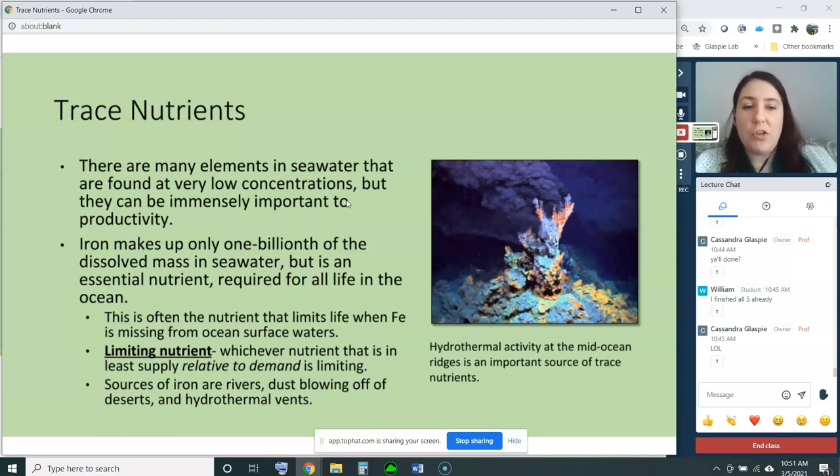In addition to the major nutrients, there are also many elements that are not found very often. They're actually found in very low concentrations, but they're immensely important to productivity. And the major example in the world's oceans is iron, which makes up only 1/1000th of the dissolved mass in seawater, but it's an essential nutrient required for all life in the ocean.